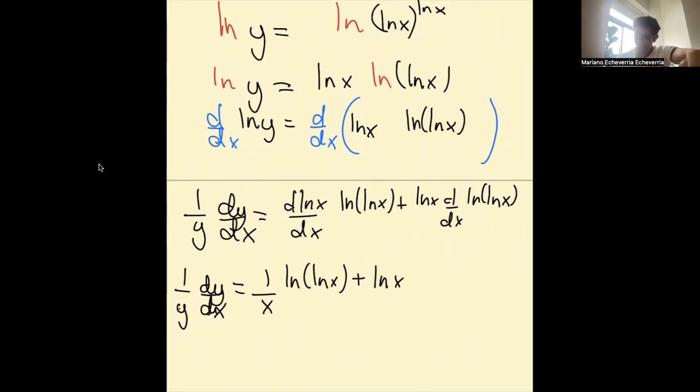So it is a chain rule problem, right? It is confusing. Call this u, right? So the derivative of ln of u is 1 over u. So you get 1 over ln of x times the derivative of u with respect to x, which is just 1 over x. Is that making sense? So this is a chain rule problem. Is that okay?